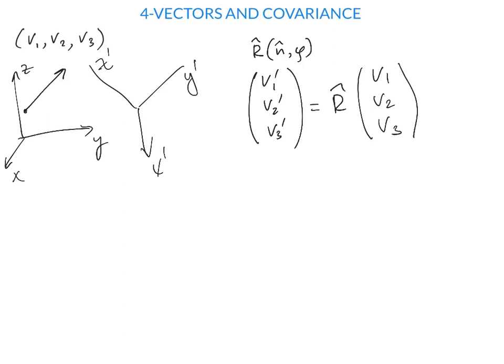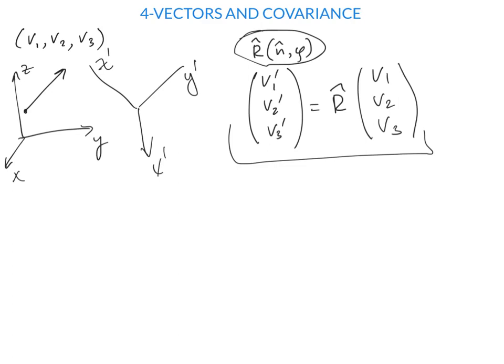So we could say that a vector is a collection of 3 numbers that transform just like the components of an arrow do under rotations. So these matrices are those matrices that affect the rotation of the arrow, and then anything that transforms according to this law is a vector. This is a complete definition.